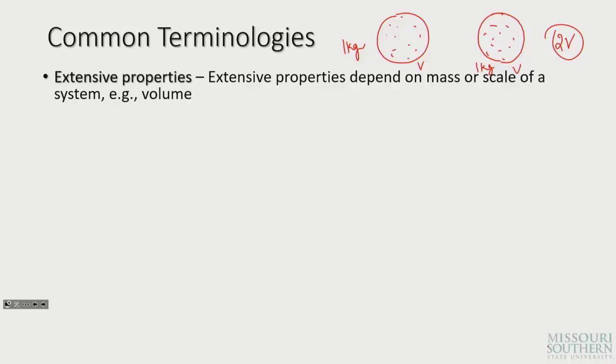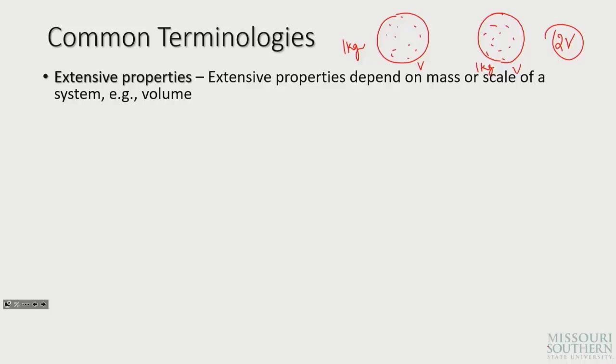Okay, so your volume will increase to 2V. So if there is an increase in the scale when we increase the mass, then it's called an extensive property.